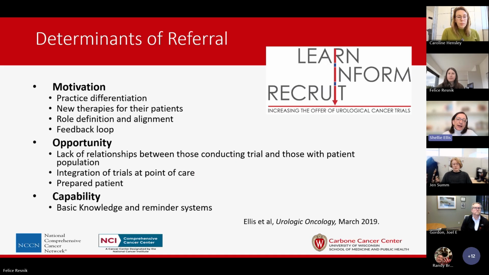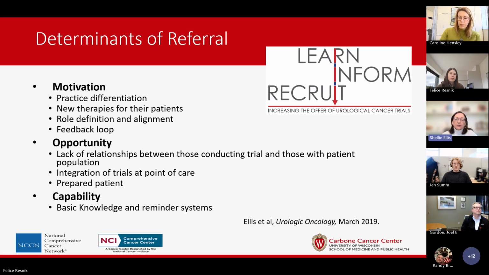So just to highlight some of the kinds of things that these frameworks help us understand. We're really thinking about the motivation that these healthcare providers have to do the behavior, which is referring their patients to clinical trials. We think about the opportunities they have to do that, and then about their capabilities to be able to do those behaviors.